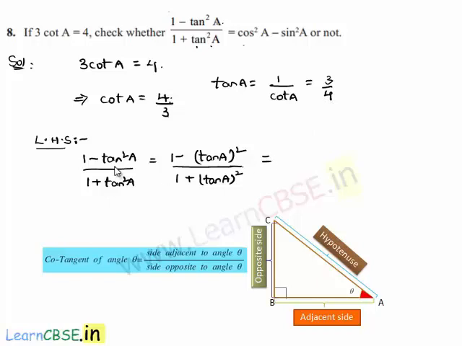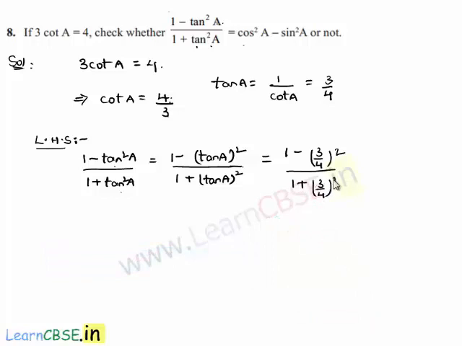Now (1 minus tan square A) by (1 plus tan square A) will be equal to (1 minus (3 by 4) whole square) by (1 plus (3 by 4) whole square), which is equal to (1 minus 9 by 16) divided by (1 plus 9 by 16), which is equal to (16 minus 9) by 16 divided by (16 plus 9) by 16.